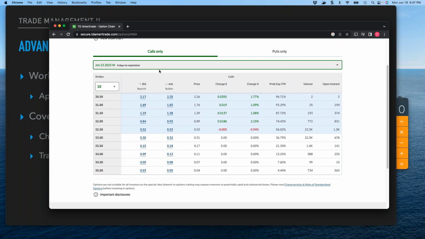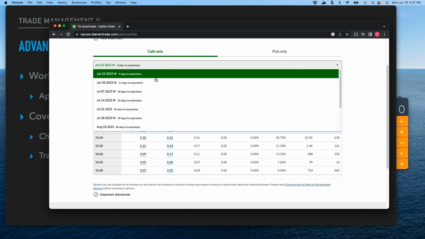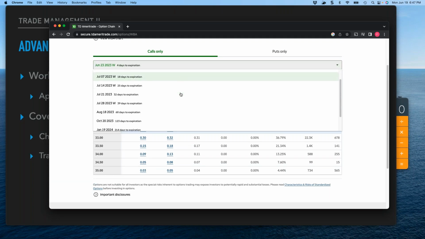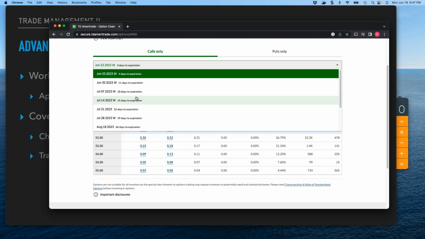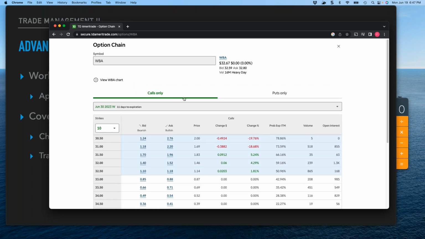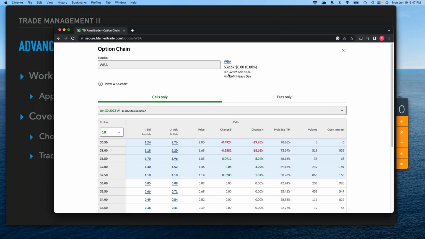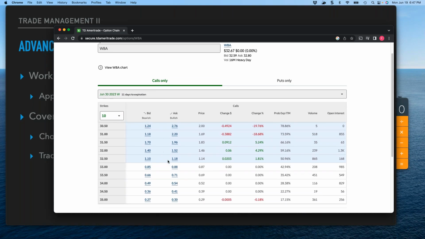Let's go out a little bit further. Let's take a look at 11 days to expiration. Stock is at 32.67. As we mentioned, it's picking up some bullish momentum. So there's some interesting opportunities here.